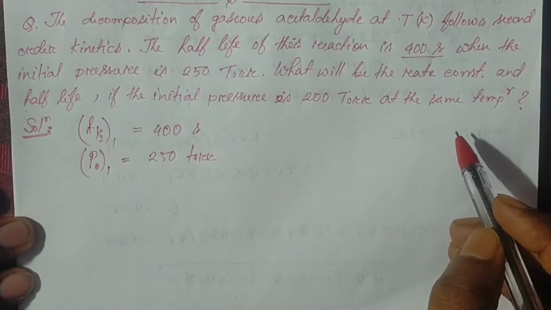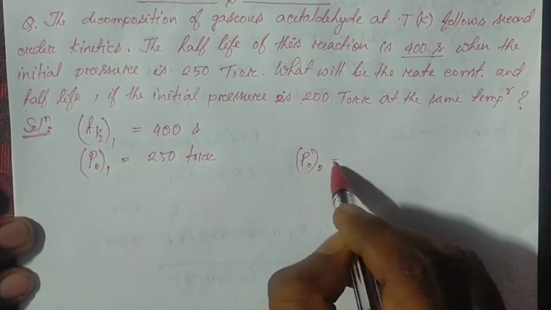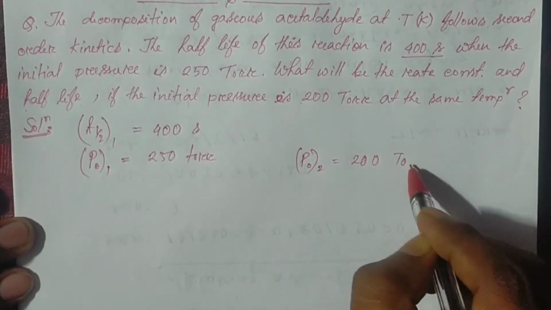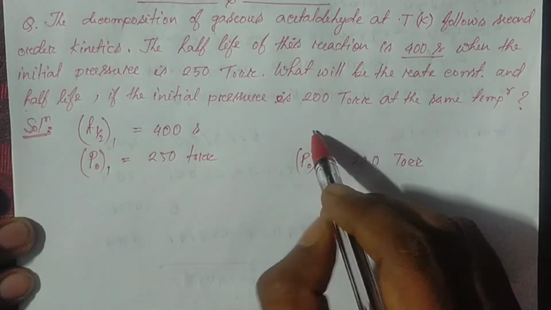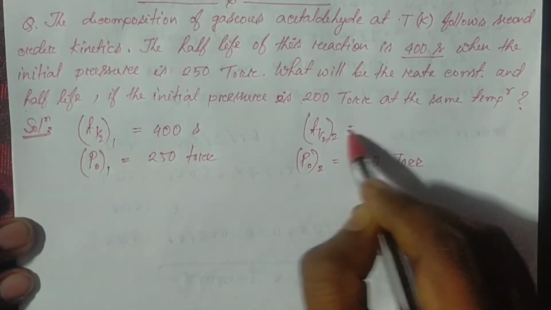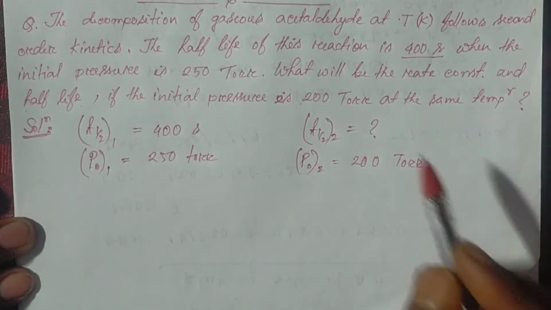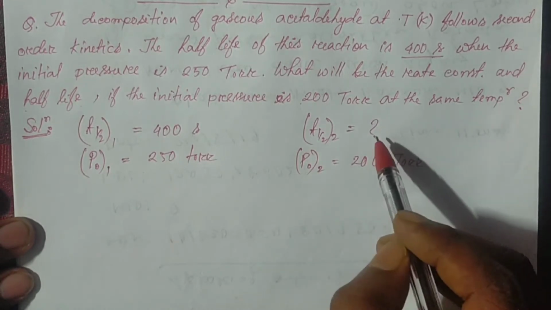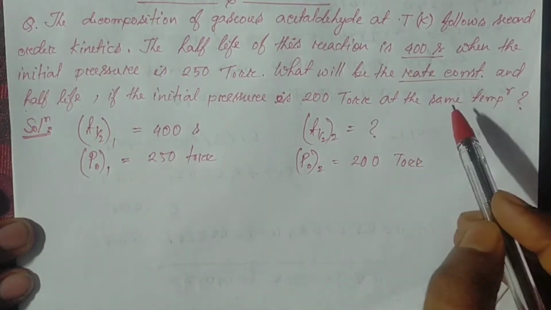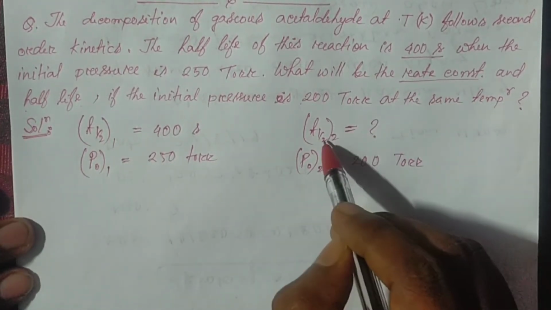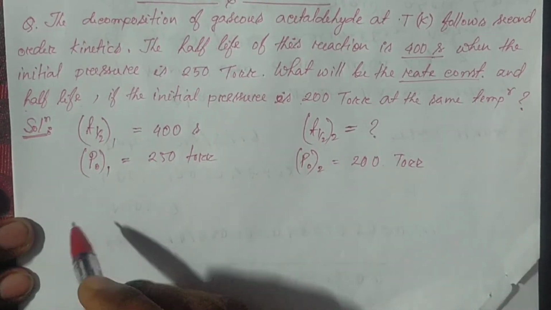Okay, and when initial pressure is 200 torr, they are asking what will be the half-life. First of all we have to evaluate the rate constant, and after that we will evaluate t half for initial pressure 200 torr.